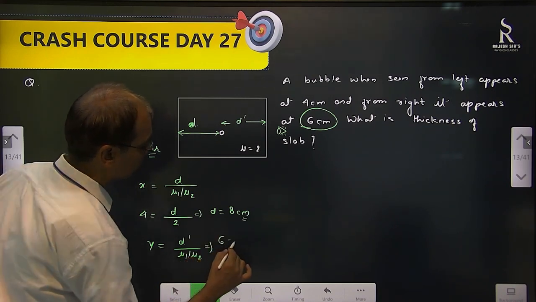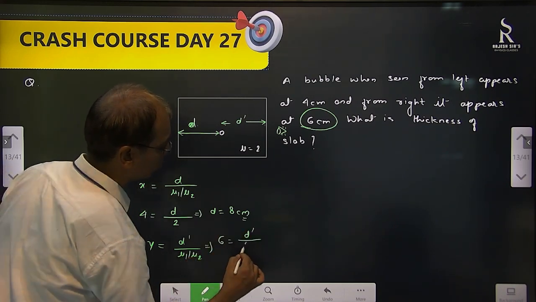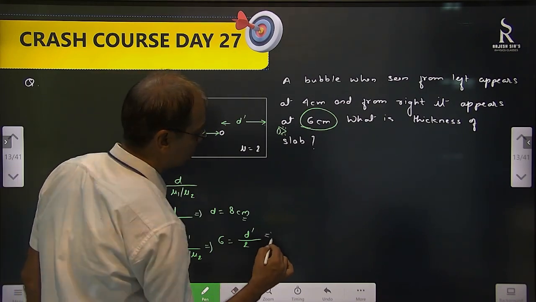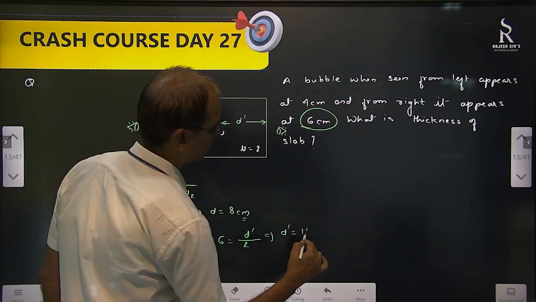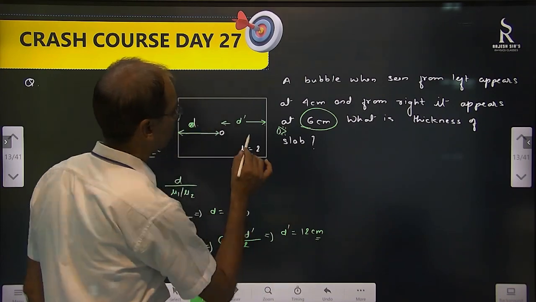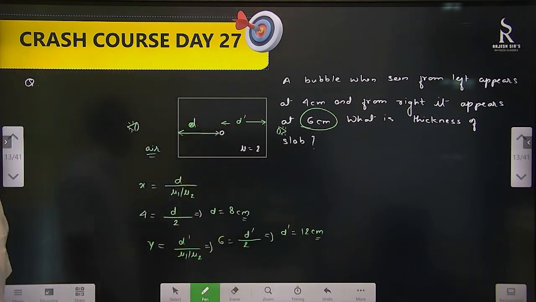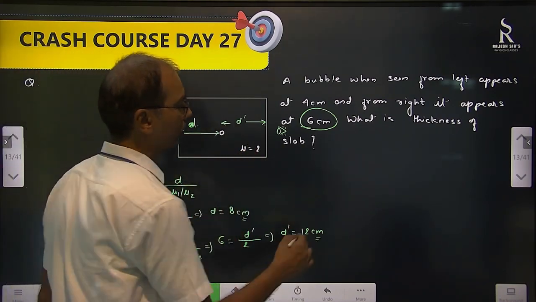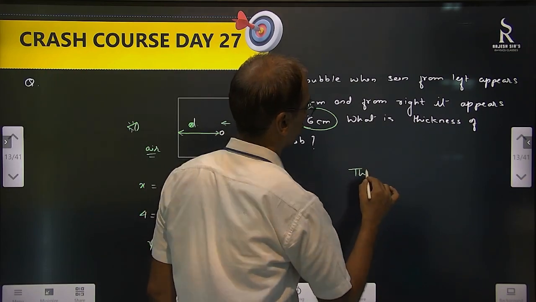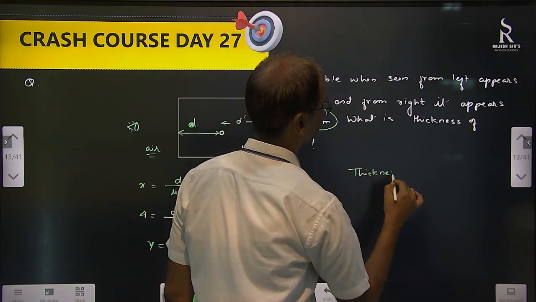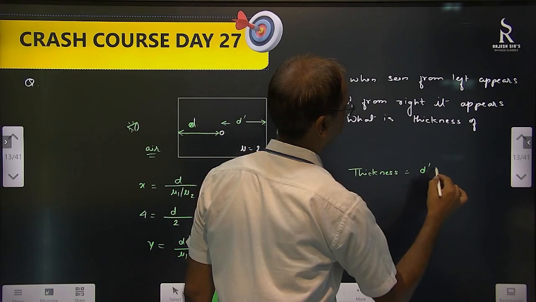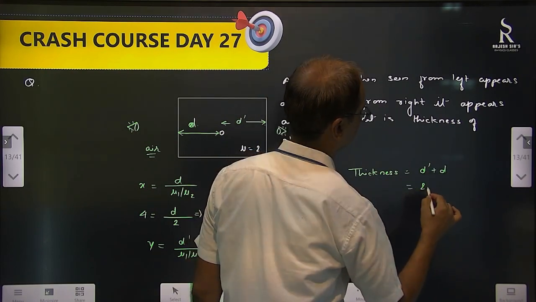So 6 equals d dash by 2 by 1. So d dash is equal to 12. So what is the thickness of the slab? 12 plus 8, that is 20 centimeters. Thickness of slab is d dash plus d, that is 20 centimeters.